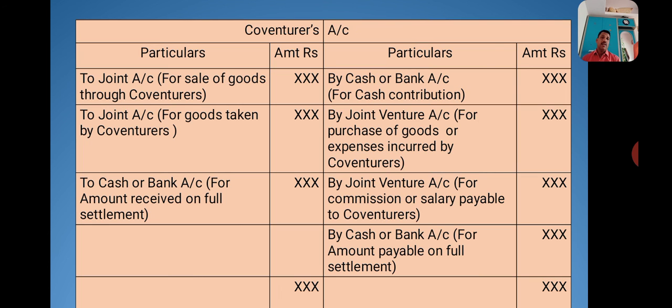And then co-ventures account should be credited by one more item by joint venture account for commission or salary payable to the co-ventures. If they are entitled to receive a commission or salary, then joint venture account should be debited and co-ventures account should be credited. And if the co-ventures are to receive the amount in full settlement, then co-ventures account should be credited by cash or bank account for amount payable on full settlement to the other co-ventures account.